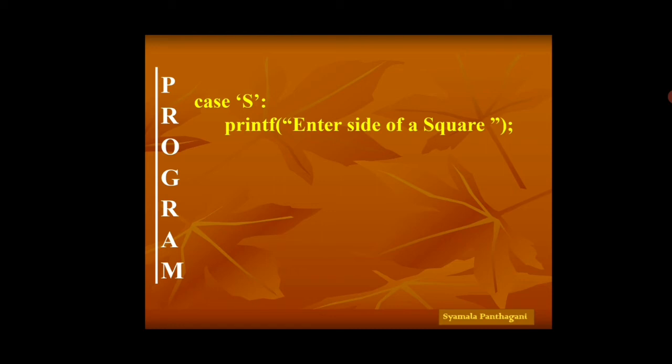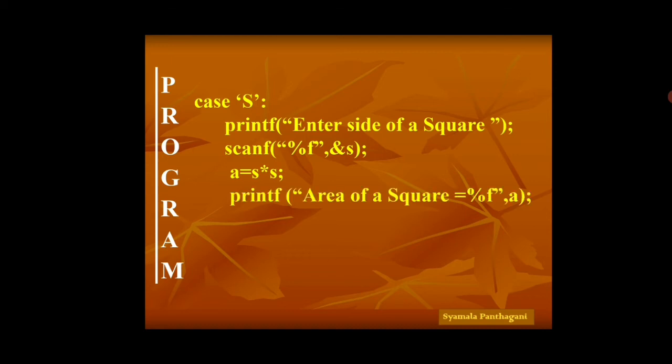Enter side of a square. scanf %f, because here s is float type data, that's why I have written %f, &s. Now area of square is equal to s into s, that is s square. Now I am going to print the area of square, that is equal to %f, a.